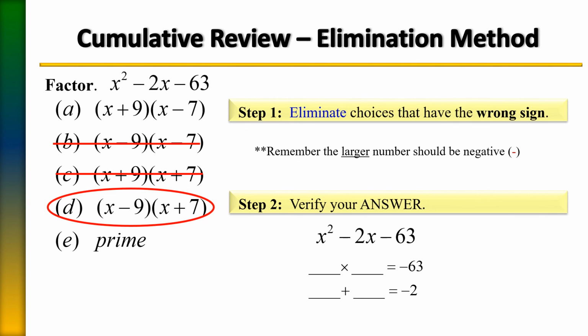Those same two numbers, if you add them together, will give you your middle term of negative 2. So if we plug in negative 9 and positive 7, sure enough, they meet both criteria, so that means D is indeed the correct answer.